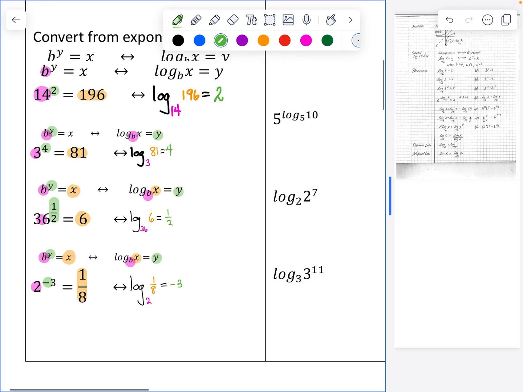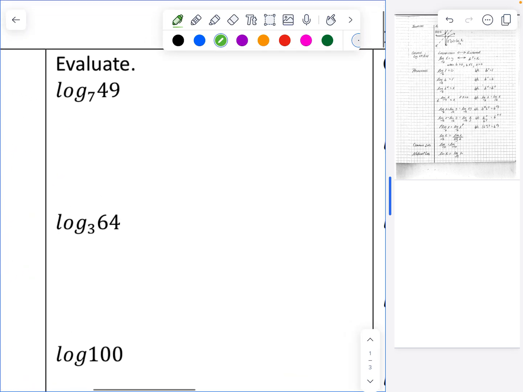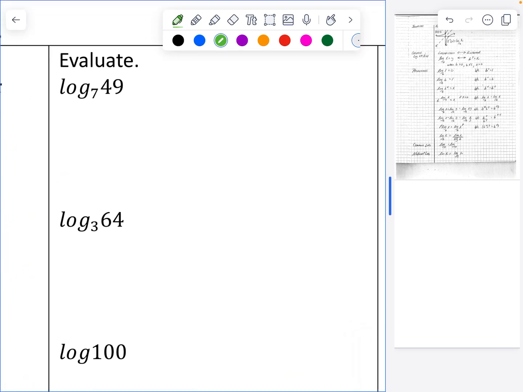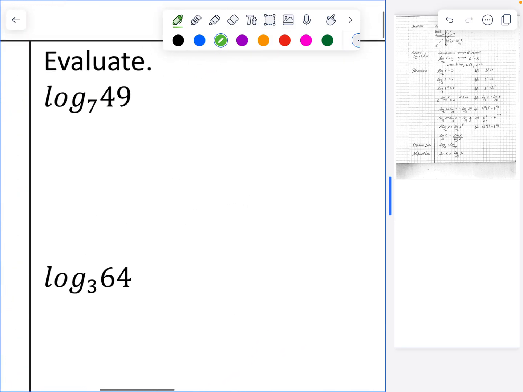Okay. Alrighty. So now it's clear as mud. This is basic. So now the directions you'll notice change from convert to evaluate. So basically, this is saying, what power of 7 will equal 49?